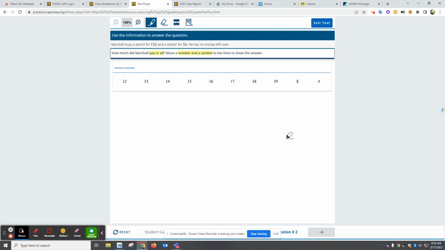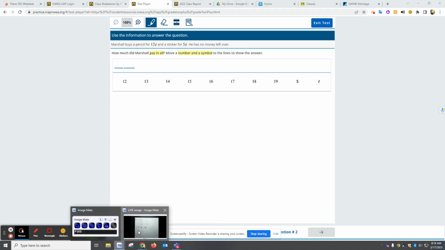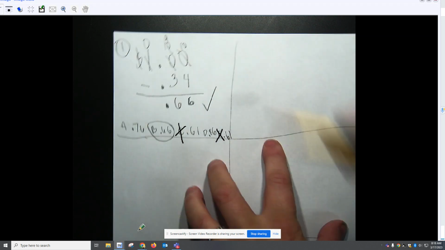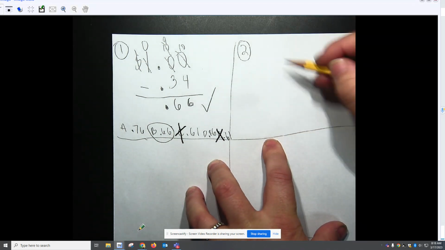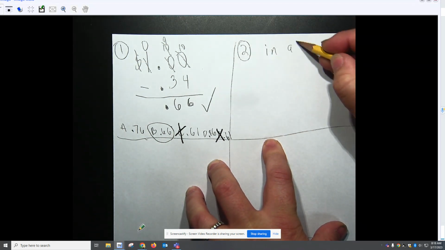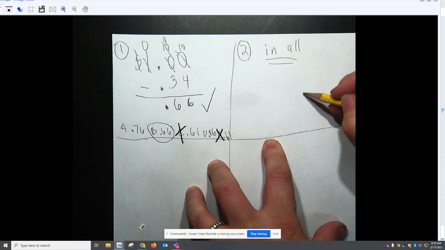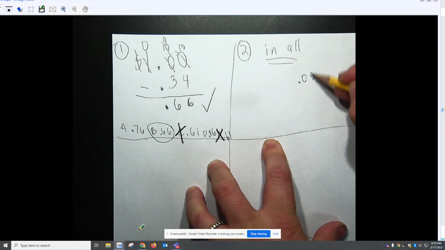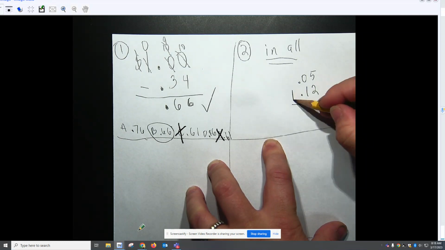But before I even look at any of those, I need to show my work. 12 cents and 5 cents. So I go to my paper, I put a number 2, and it said in all, which means I'm going to add 5 cents to 12 cents.